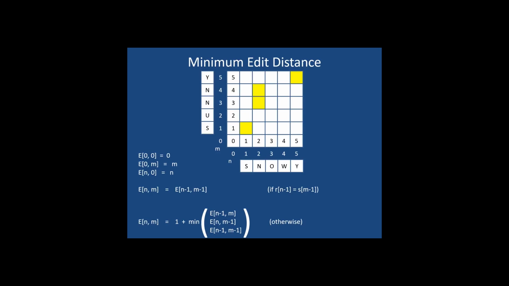Okay? Now, that's the case where the characters don't agree. What about in this yellow case, which is a case where the two letters are the same? How do you decide what to put in that box? In that case, the two letters at the end of the substring agree, so we just look diagonally down to get our number.